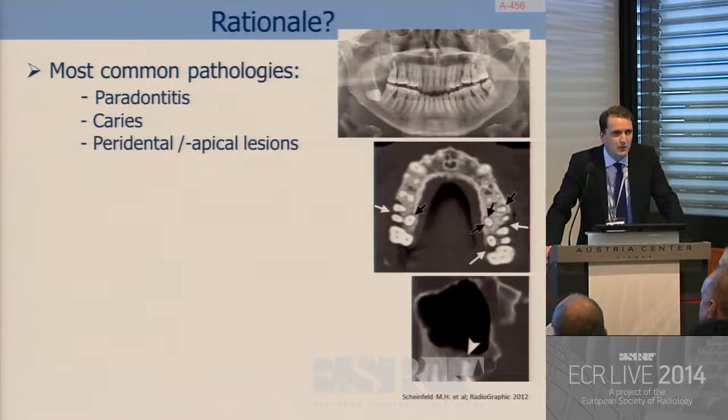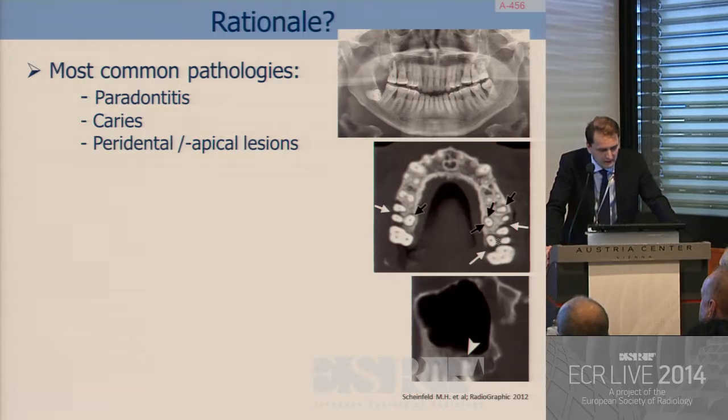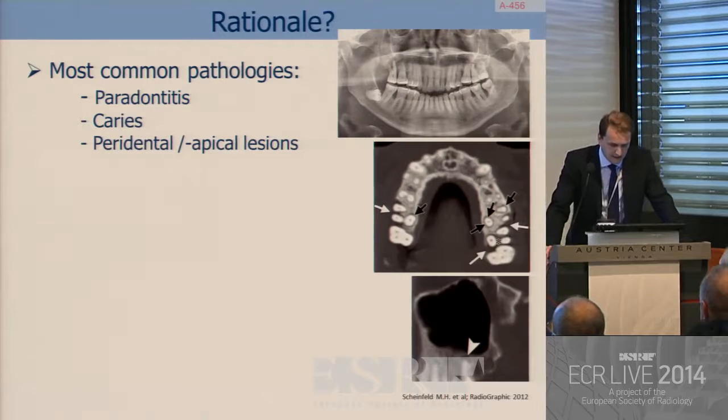The main pathologies that we deal with in dental imaging, or dental pathologies in general, are periodontitis, that is the most frequent inflammatory disease overall, and also caries is a very frequent disease, and this may lead, as we have seen before, also to periodontal or apical lesions that need the treatment of the dentist.